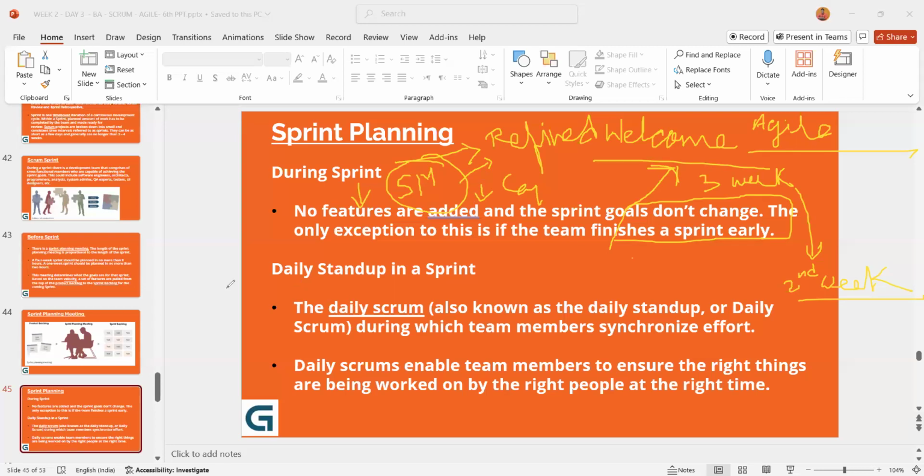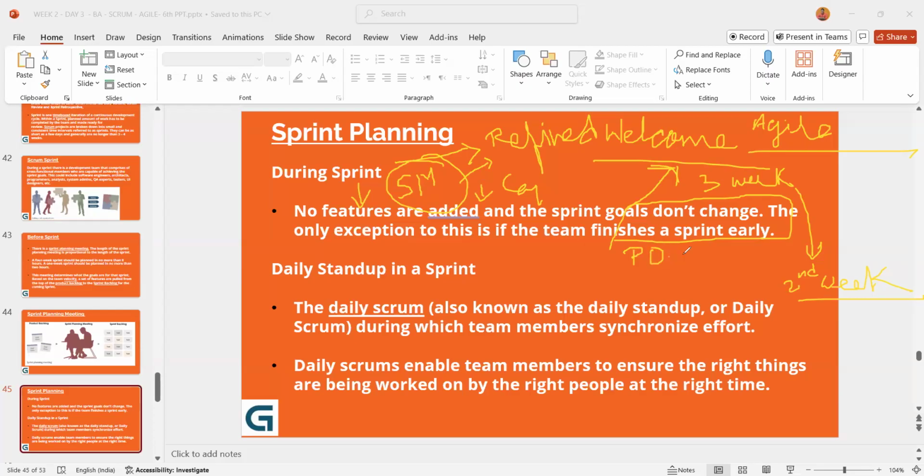Who is going to create that product backlog item? A coder, a BA, or a tester? It has to be done by the product owner, like the product manager or the stakeholder. Why the product owner?